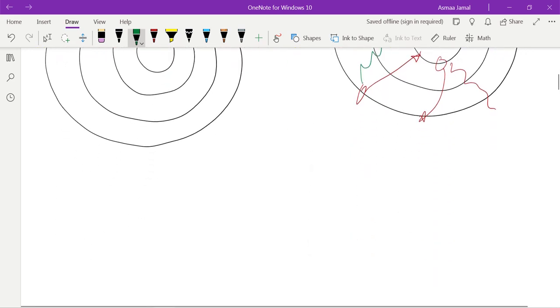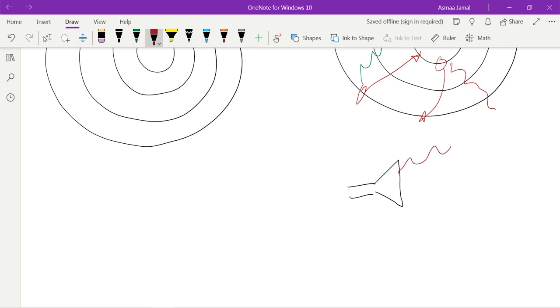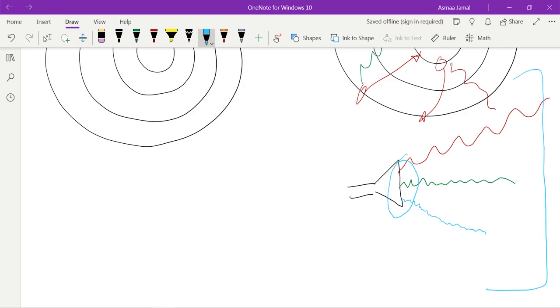So the source of the light will be something like that. In the ordinary light, different wavelengths in different directions, spreading all around. So you will see it started as a narrow beam, then it spread into a very wide shape.